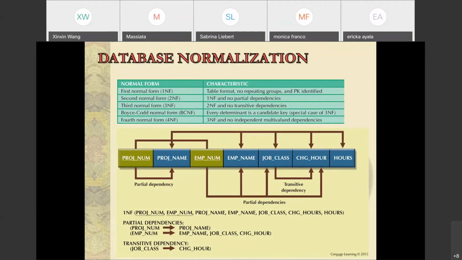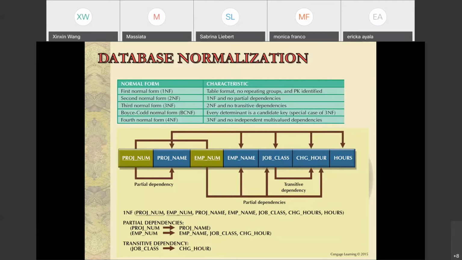First normal form is a table format, no repeating groups, and primary key identified, right? Second normal form is first normal form and no partial dependencies, right? Third normal form is second normal form and no transitive dependency.